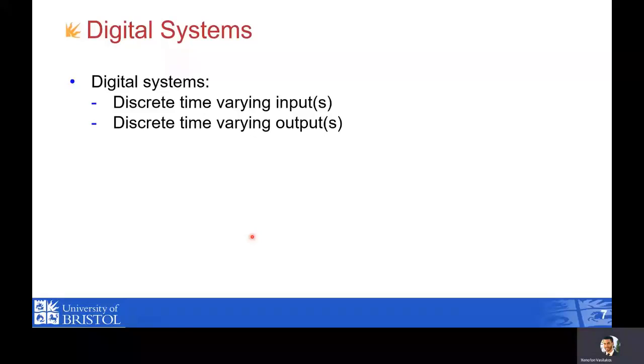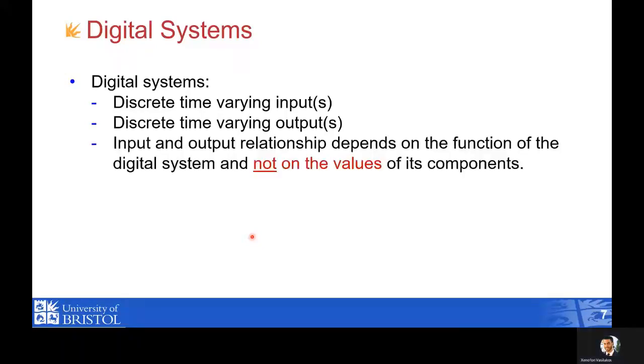Now, unlike that, digital systems are characterized by discrete time-varying inputs and discrete time-varying outputs. And here is the big difference. The input and output relationship depends on the function of the digital system. Okay, that's the same as with analog systems. But it's not based on the values of its components. So it's the function of the system and not the values of its components.